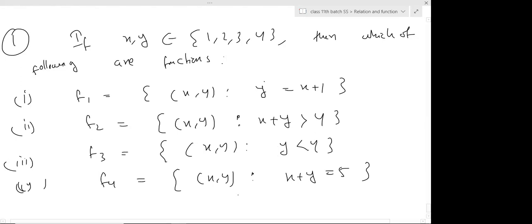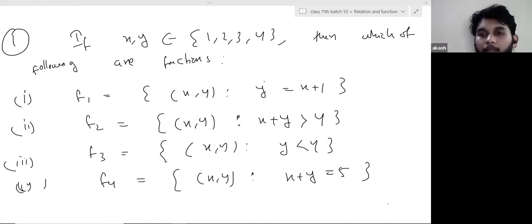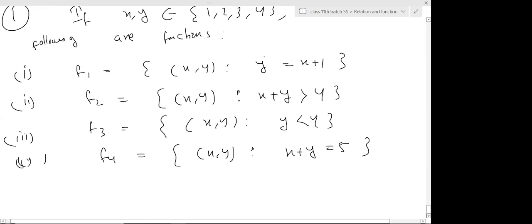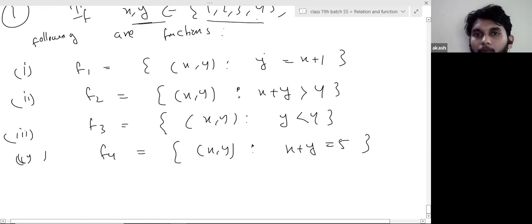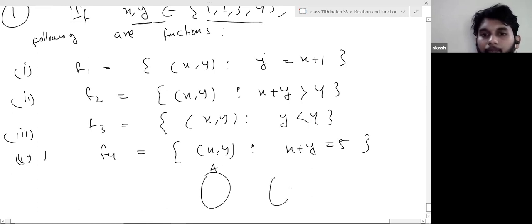All right. So how would we do this? Let me explain the first one, then you can solve the rest. They are saying x and y belong to 1, 2, 3, 4. That means set A is 1, 2, 3, 4, right?